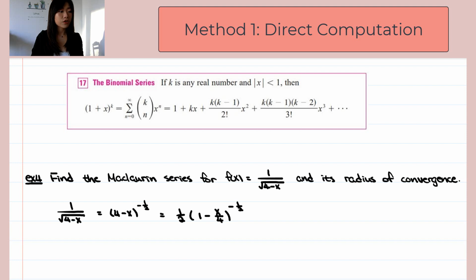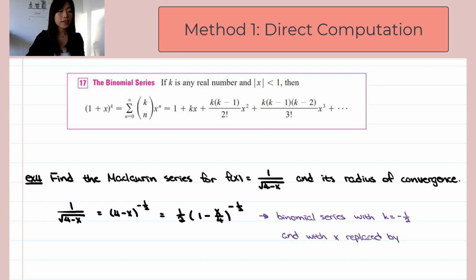So now we have rewritten the function so that it looks similar to the function in example 3. If we compare this to (1 plus x) to the power of k, we see that the exponent k is negative half, and we replace the x by negative x divided by 4. So this function, 1 over the square root of (4 minus x), we can rewrite as a power series.